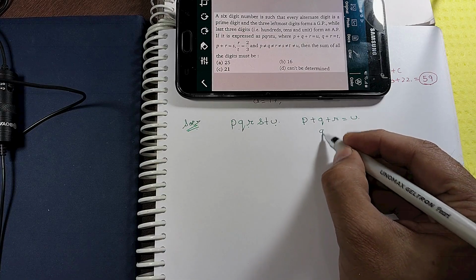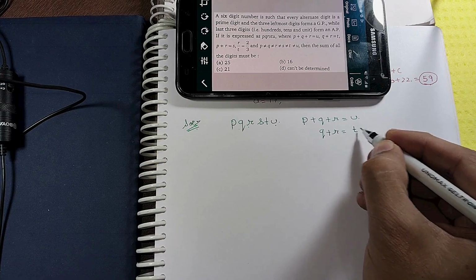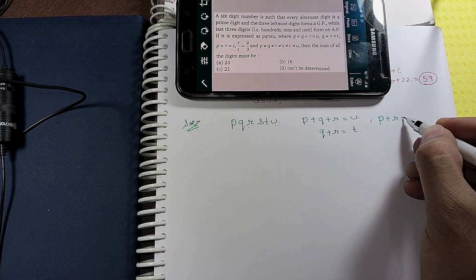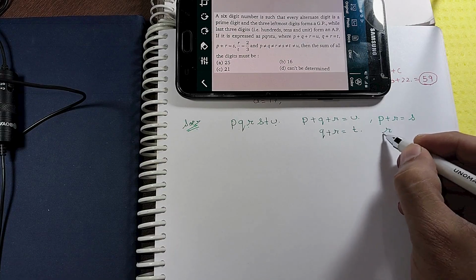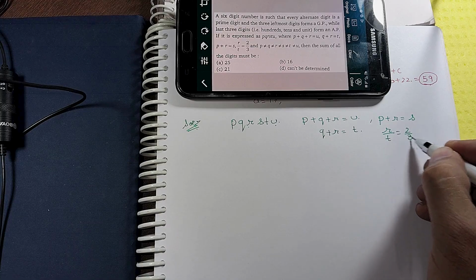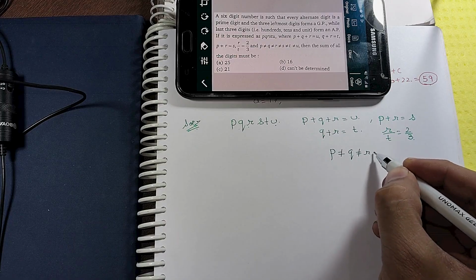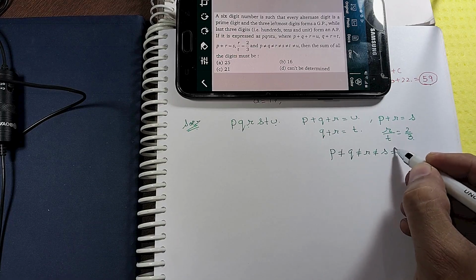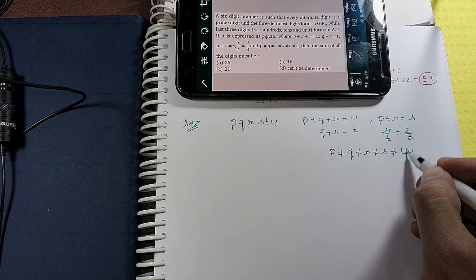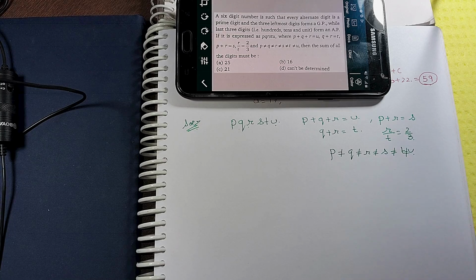Q plus R is equal to T, P plus R is equal to S, and R by T is equal to 2 by 3, and P is not equal to Q, is not equal to R, is not equal to S, is not equal to T, is not equal to U, right? So these have been the conditions.